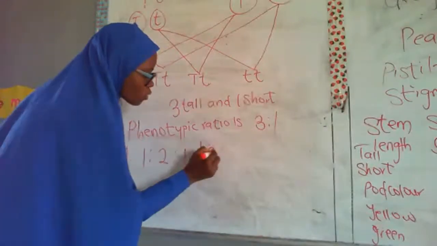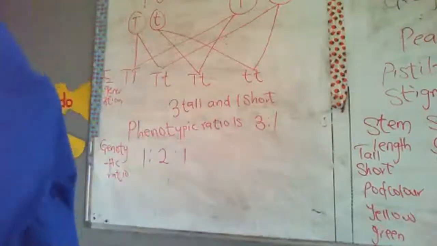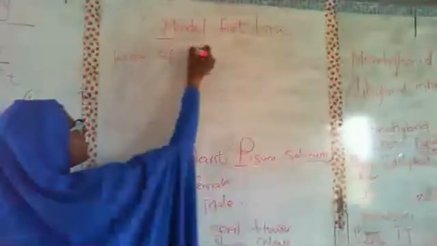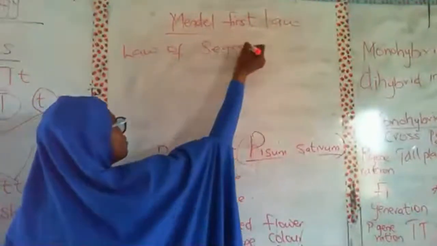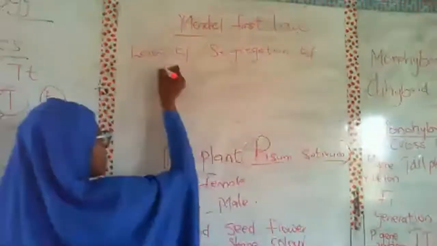Okay, let me write it in a way you will see it well. Did you understand all I have been saying? Now, Mendel's first law is the law of segregation of genes.